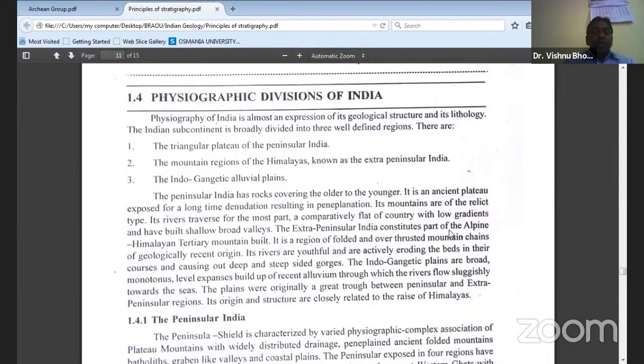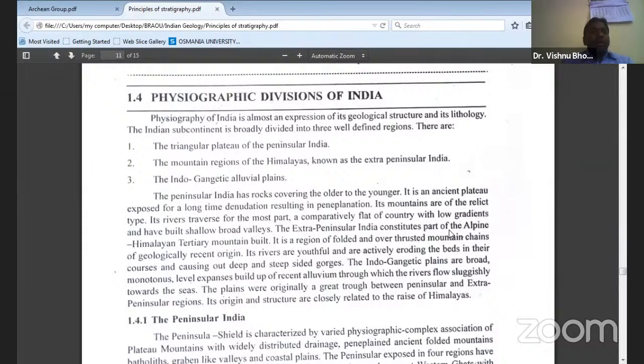And next one is the physiographic division of India. Physiography of India is almost an expression related to the geological structure, and it depends on the lithology also. The Indian subcontinent is broadly divided into three regions.